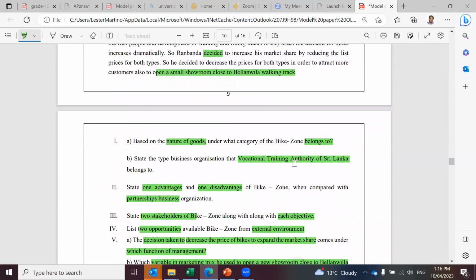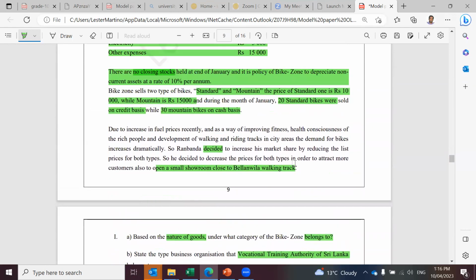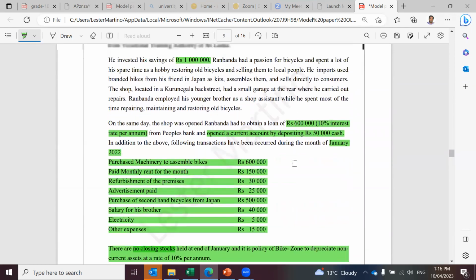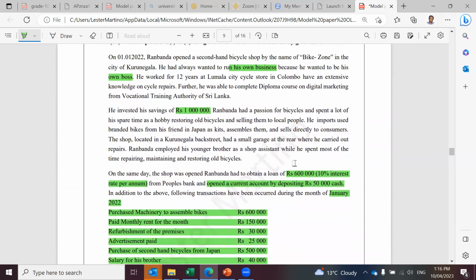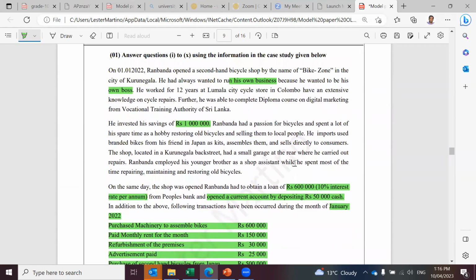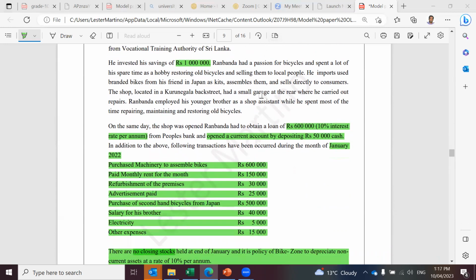So what is the answer? Based on the nature of goods. What is the answer? Any guess? What is your answer? Any guess for the first question? Come up with your answer.